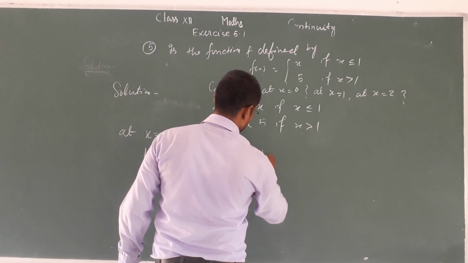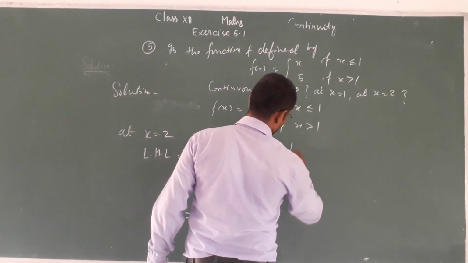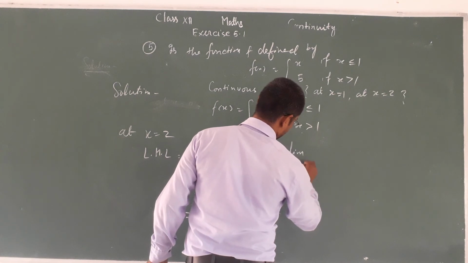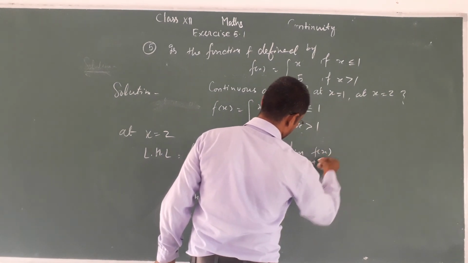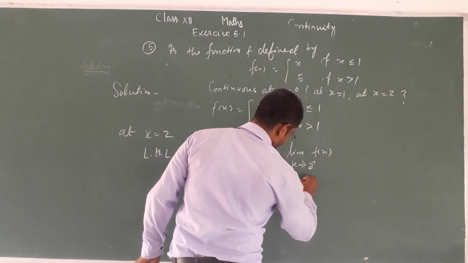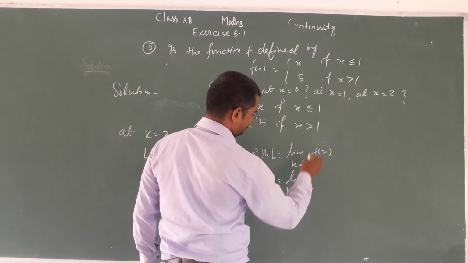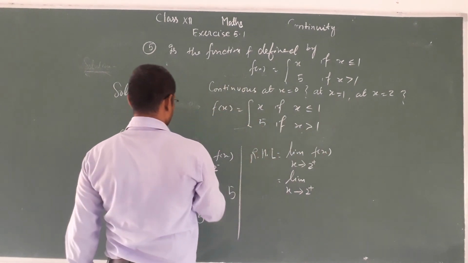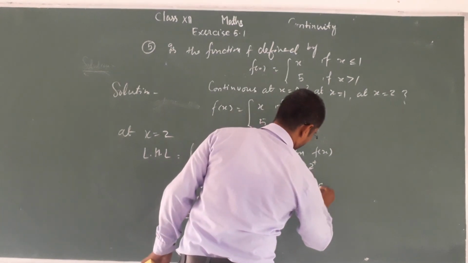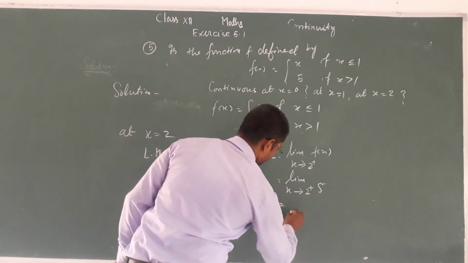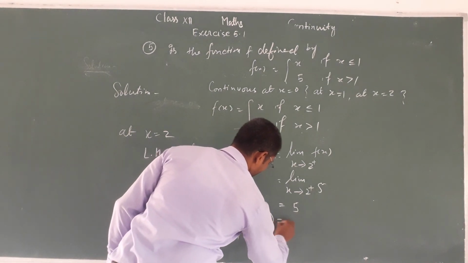And the right hand limit, x tends to 2 positive, of f(x): since 2 is greater than 1, the value of f(x) is 5, and f(2) is equal to 5.